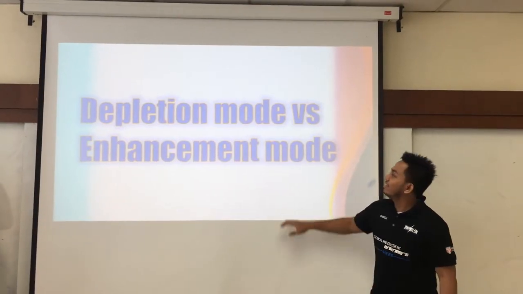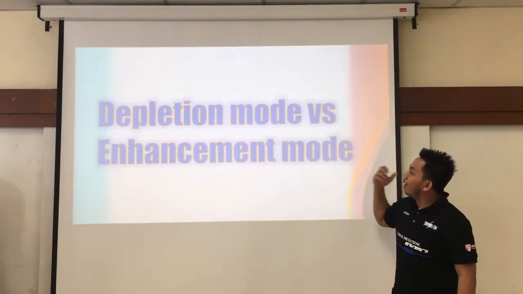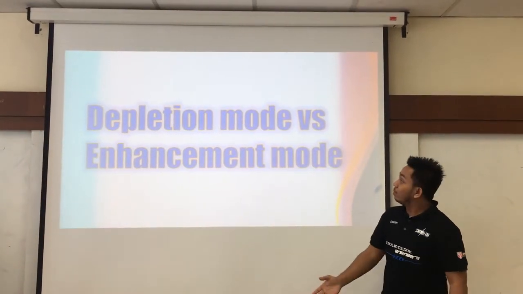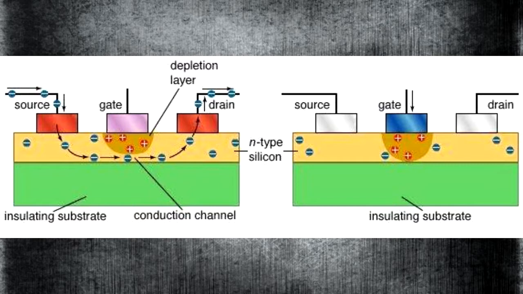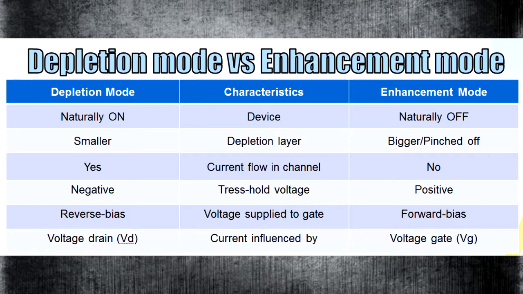Today I will present the depletion mode versus enhancement mode. The difference is that the device is naturally on for the depletion mode and normally off for the enhancement mode. The depletion layer for the depletion mode is smaller, and for the enhancement mode it is bigger or pinched off.